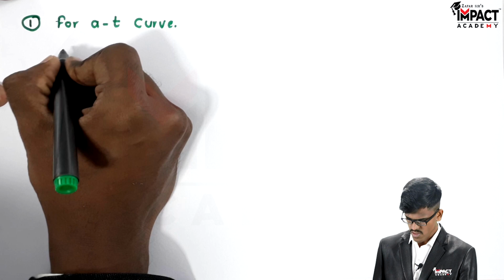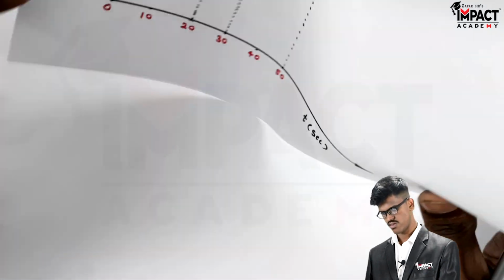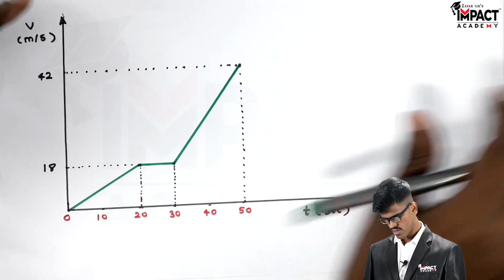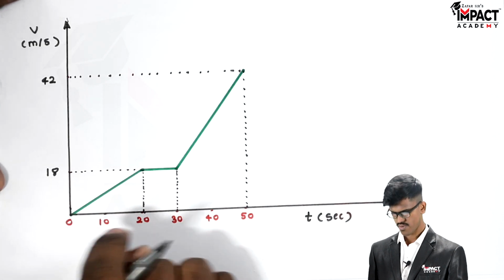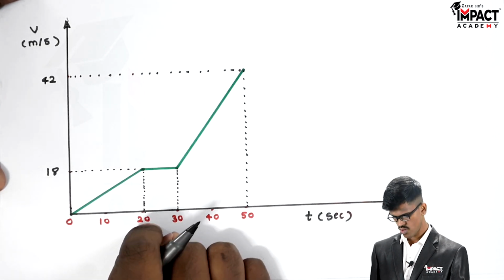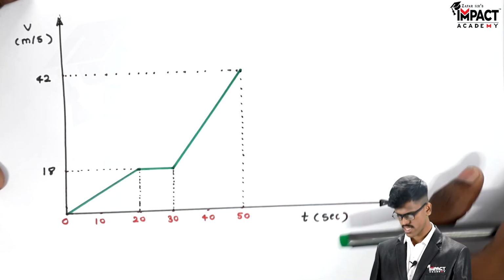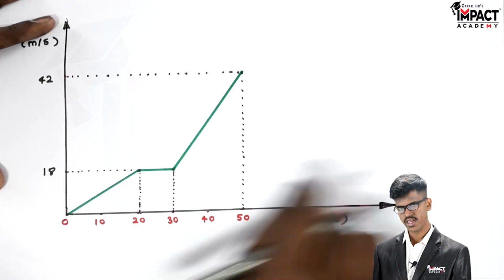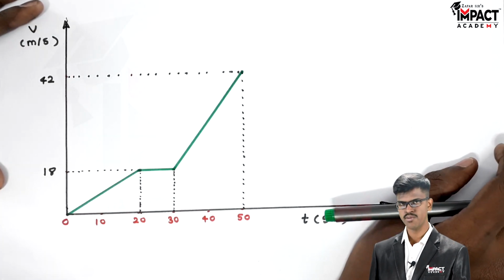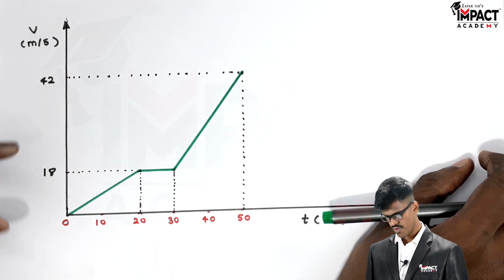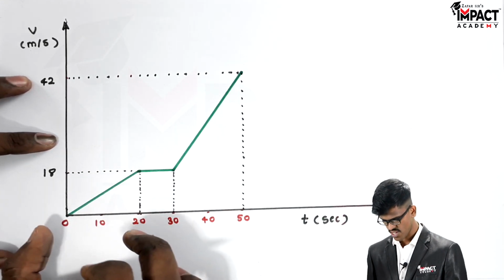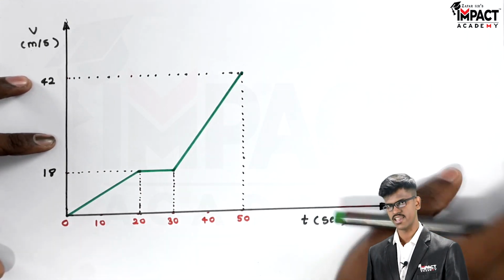Here, for the time interval 0 to 20 seconds, the velocity keeps on increasing and reaches 18 meters per second. So first we find the acceleration from 0 to 20 seconds.